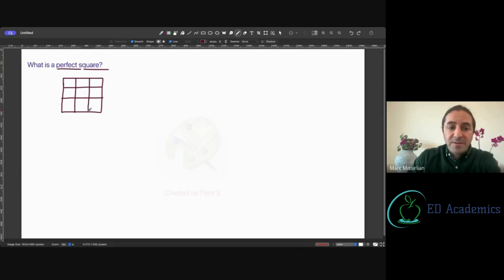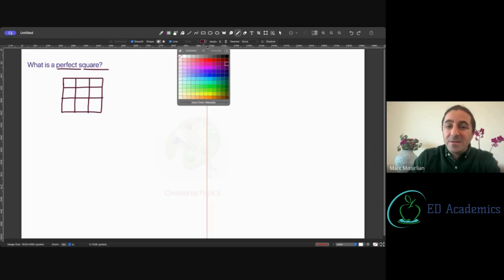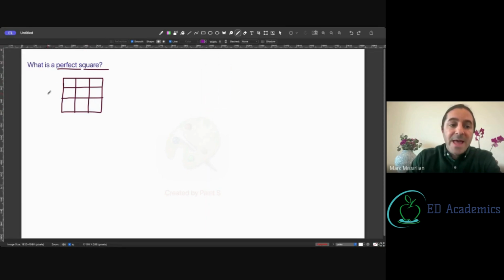So here, for example, we have a square that we call a 3 by 3 square. A 3 by 3 square means it has a side length of 3 all the way around. How many boxes are in this square? 1, 2, 3, 4, 5, 6, 7, 8, 9, right?